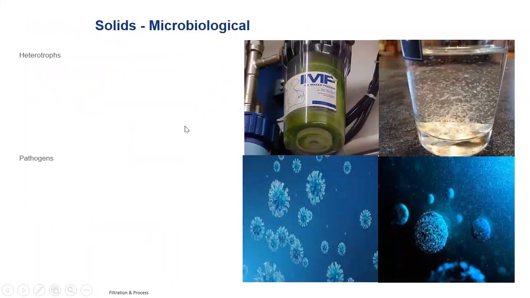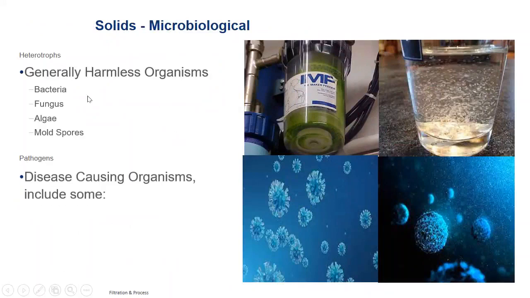Now, other solids that are microbiological, we're going to solve those in various different ways. Heterotrophs are bacteria and viruses and things that are not harmful for us to consume. Those are generally harmless, and there'll be some bacteria, some fungus, some algae, and some mold spores, all harmless.